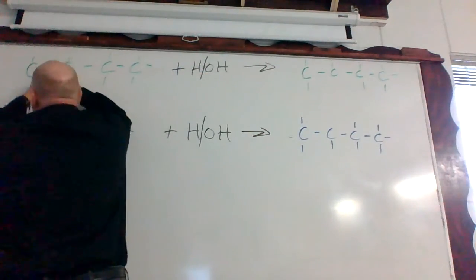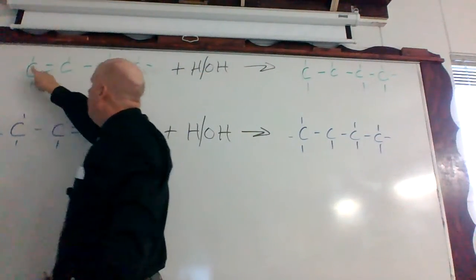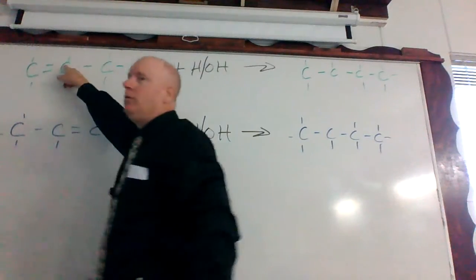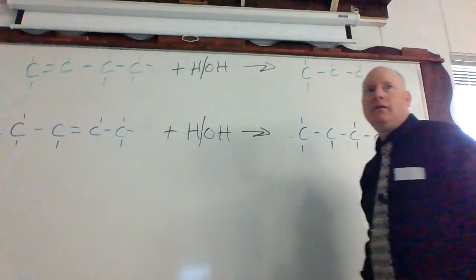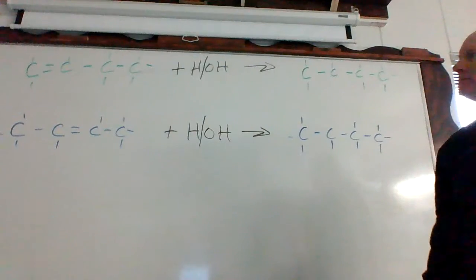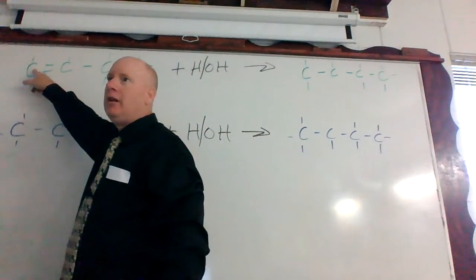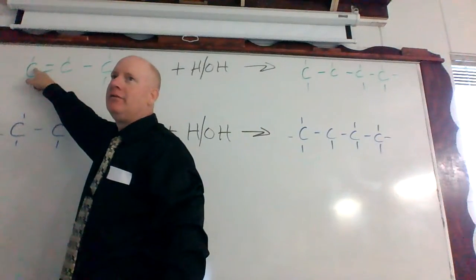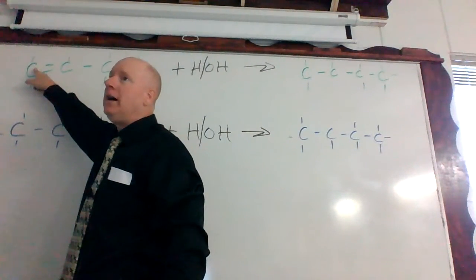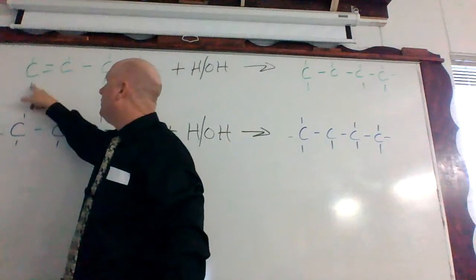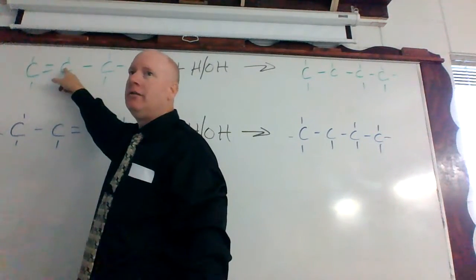Got to find your double bond, was it carbon 1 or carbon 2? How many hydrogens are on this carbon? How many hydrogens are on this carbon? 2. It's got 4 bonds, but only has 2 hydrogens. How many hydrogens are on here?